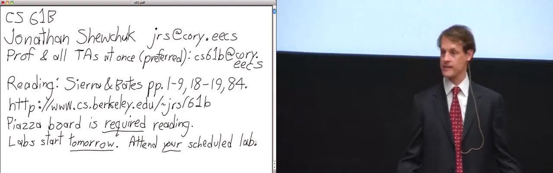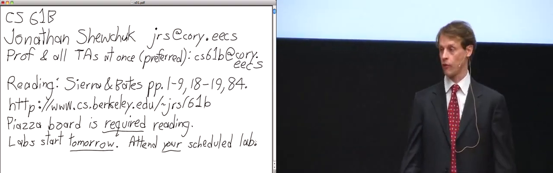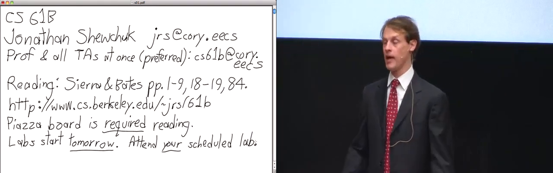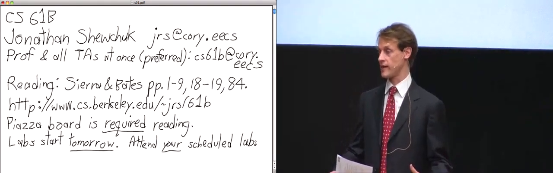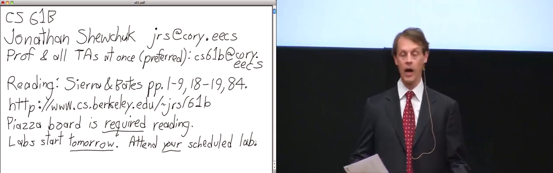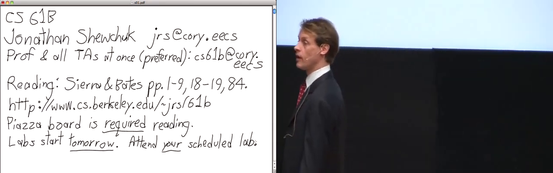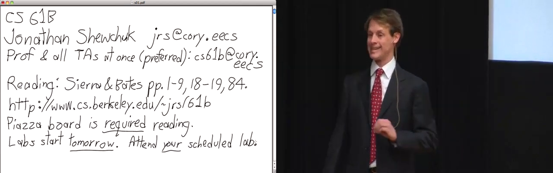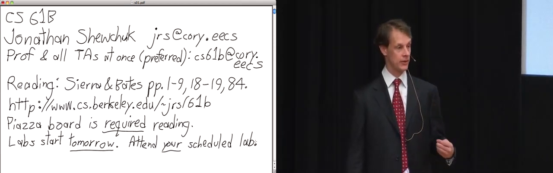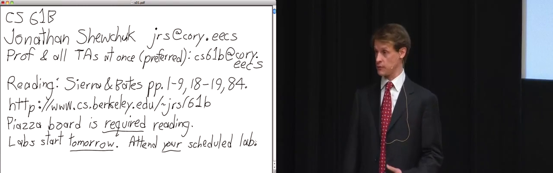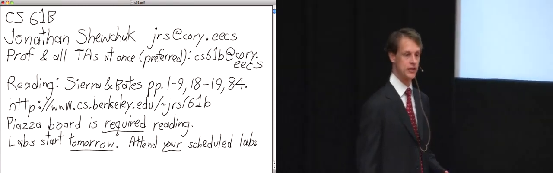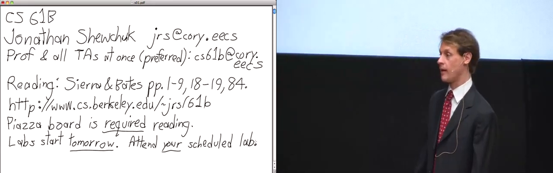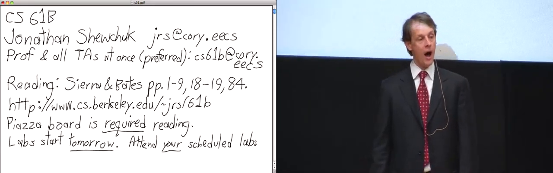Go there, ask the TA whether or not he or she has room for you, and they have the right to say yes or no. If you're not registered in their lab and there's just too many people trying to get into their lab, they might say no. But if they have space for you, they will let you into their lab, and you can cruise with them until you get admitted to a lab officially. But you should keep trying to get admitted to a lab officially on Telebears, and when you do get admitted to a lab, please attend that lab.